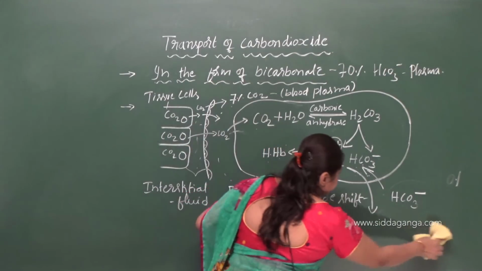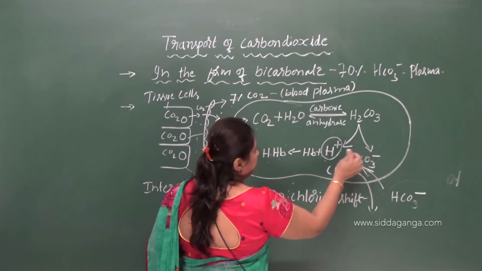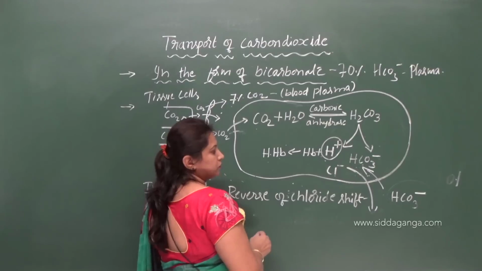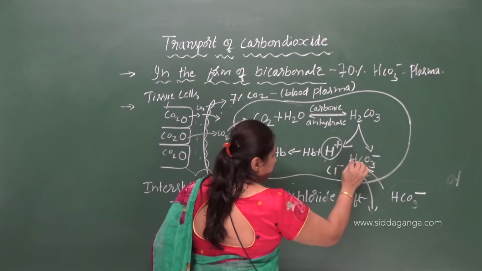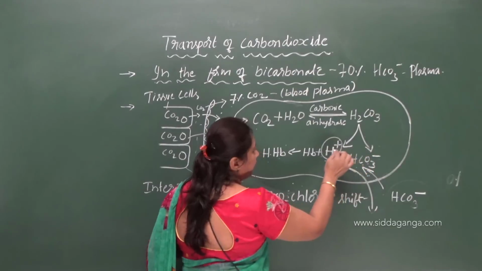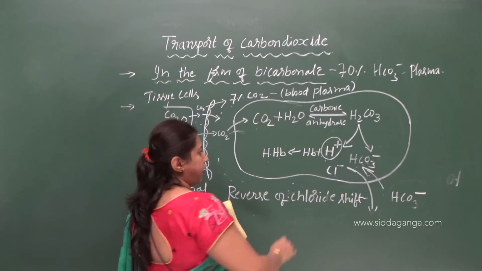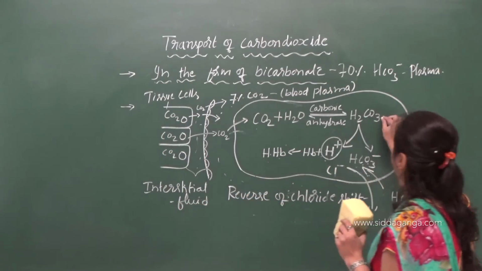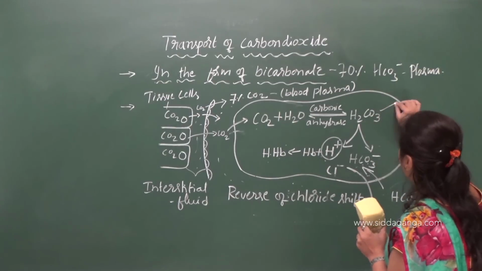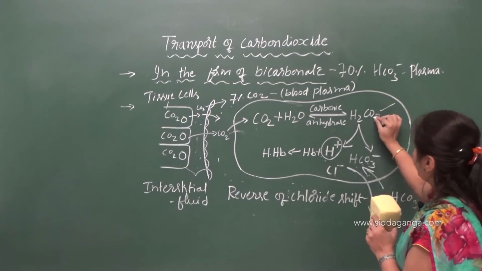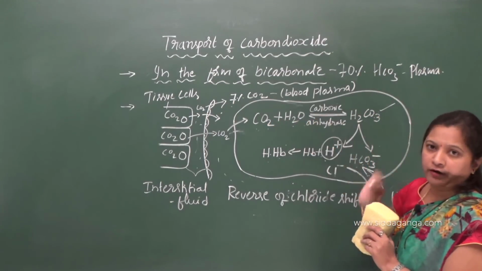So now hydrogen ions are available here. The bicarbonate ions combine with the hydrogen ions and form what? Carbonic acid. As you know, carbonic acid is unstable, so it quickly dissociates to form carbon dioxide and water.